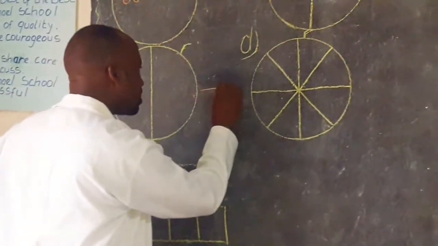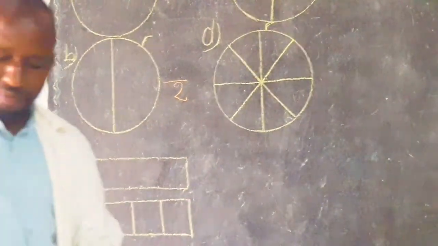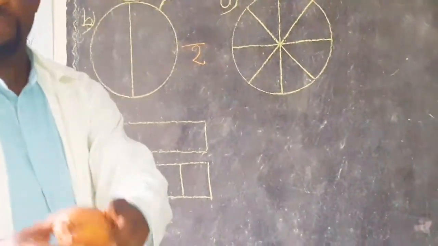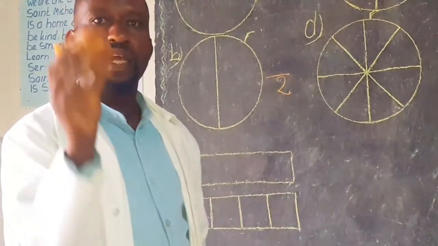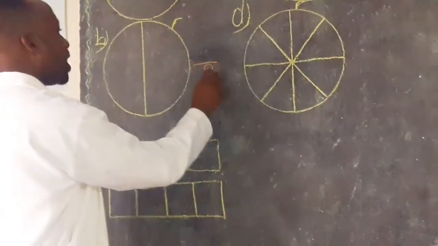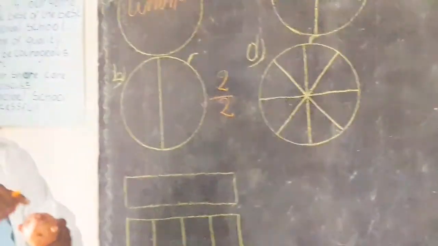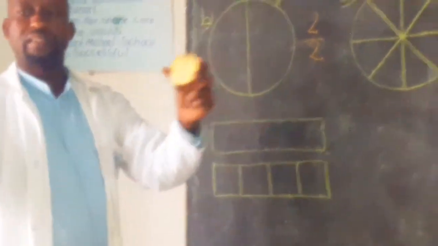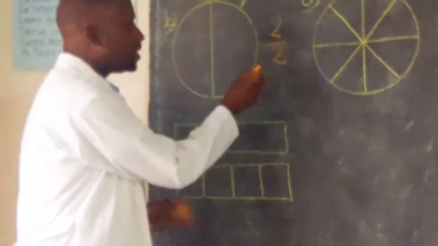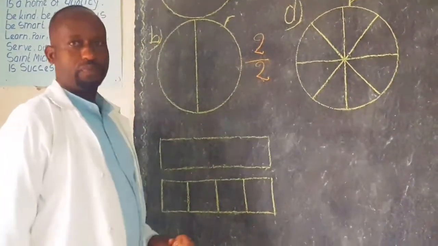And these 2 parts make up my potato, so you have 2 parts among 2 parts. 1, 2 is 2 parts among 2 parts. And it's written like this, 2 over 2.